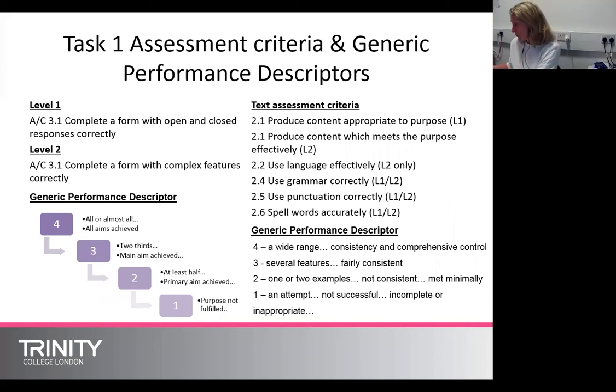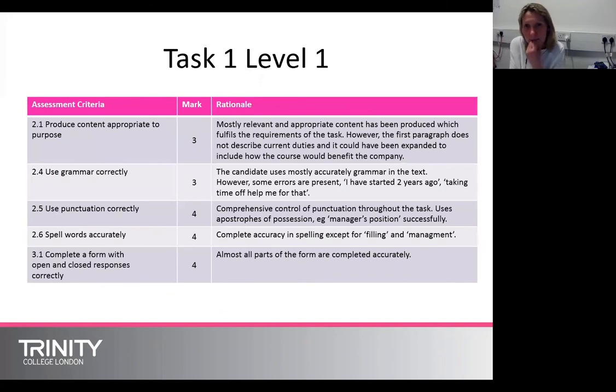So looking at the form, there are 5 assessment criteria to award marks for at level 1 and 6 at level 2. For candidate 1, so I'm going to just move to the level 1 marks.